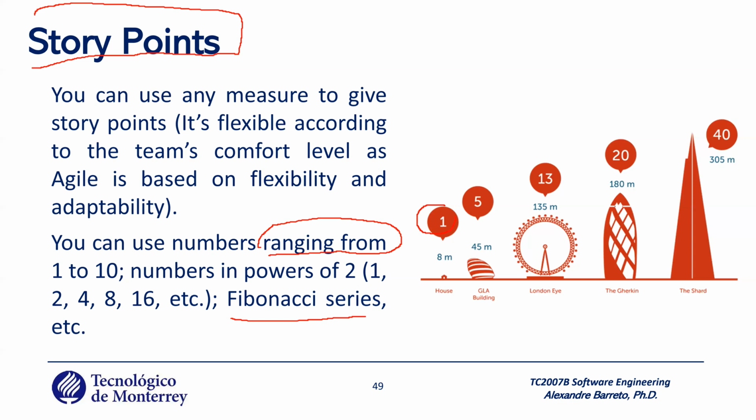When you use this type of ranging, it's easier to compare. Oh, it's much more difficult to implement it. Okay, you can use, for example, 13. No, it's harder. Okay, 5. It's the same. It's 1. Okay, it's easier to find.